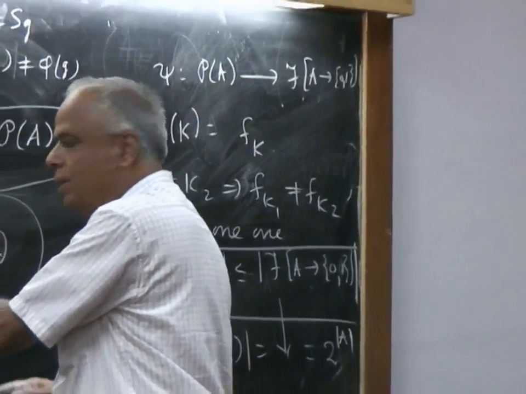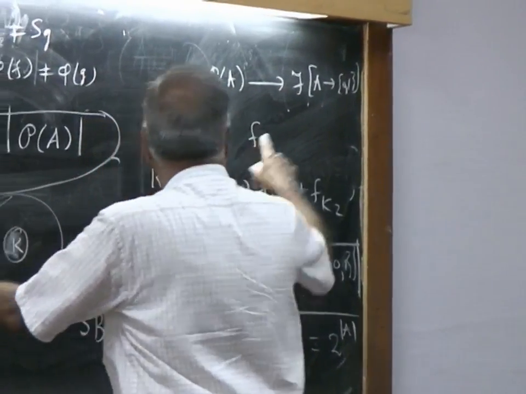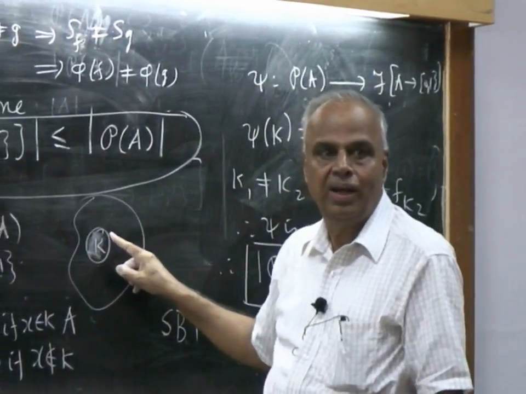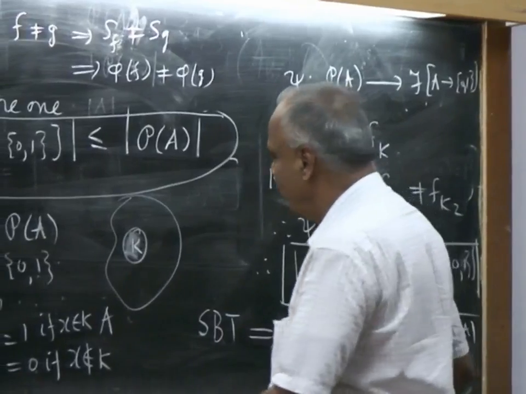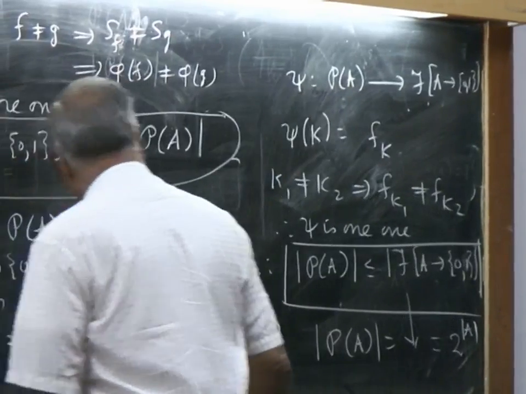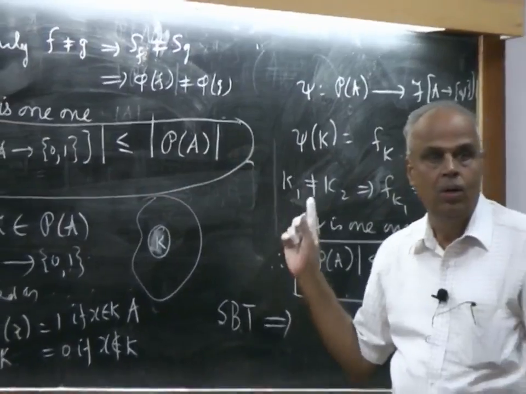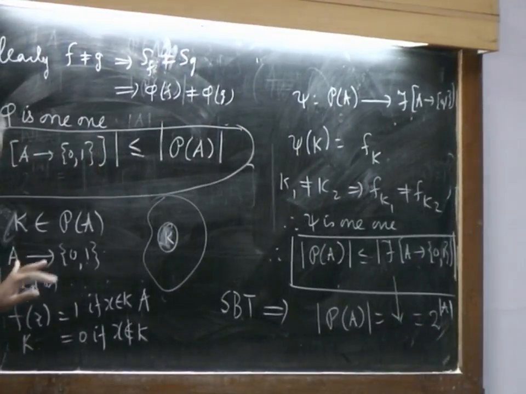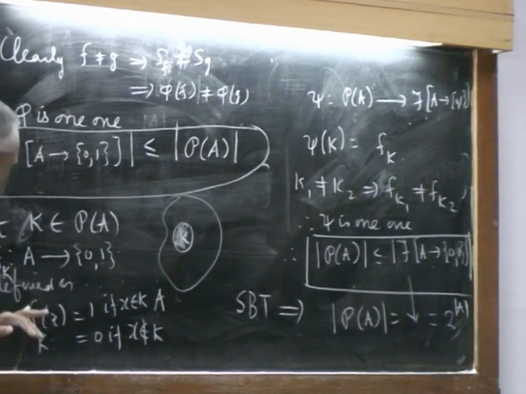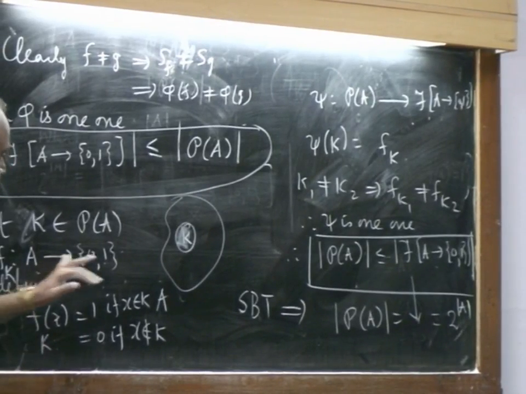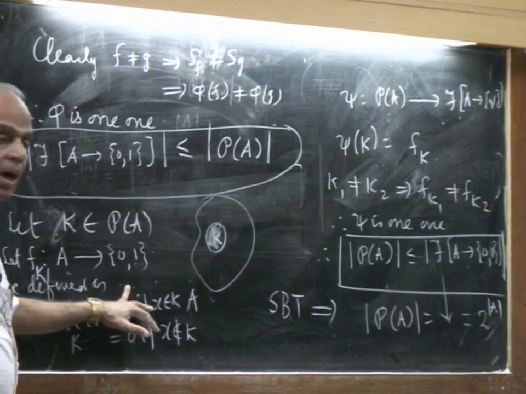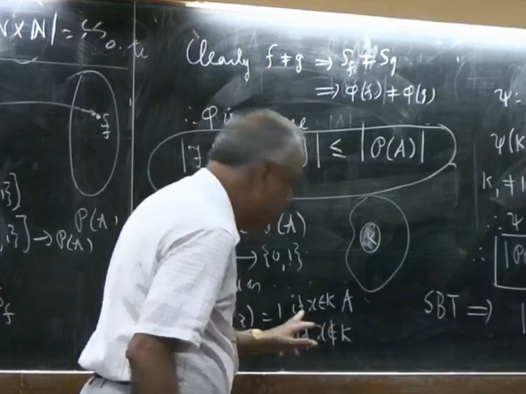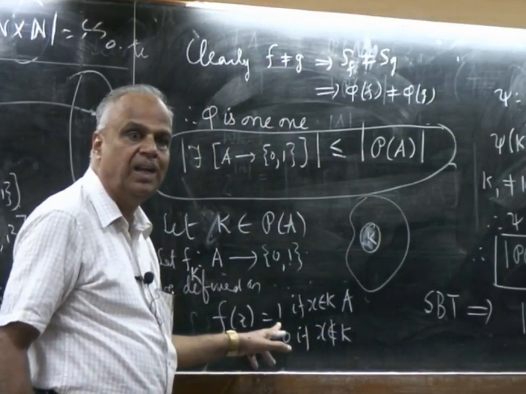Let K be a subset, so K belongs to P(A). That means it is a subset of A. Now I am going to define a function from A to {0, 1}. How do I define that function? Whenever the point is in K, it is 1, the light is on.